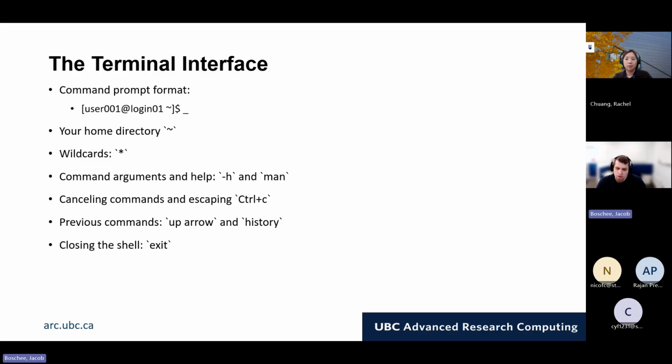Another important feature of the bash command line is the use of wildcards. In bash, the asterisk character is a special character that is replaced by bash with any matching patterns.